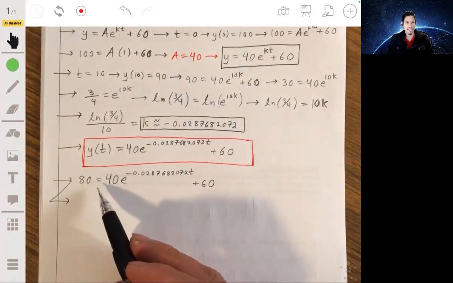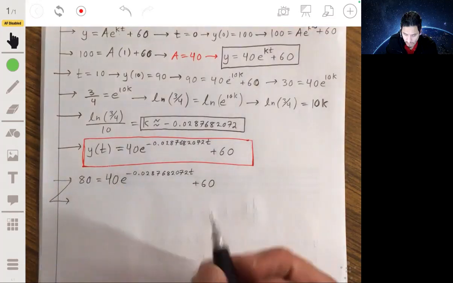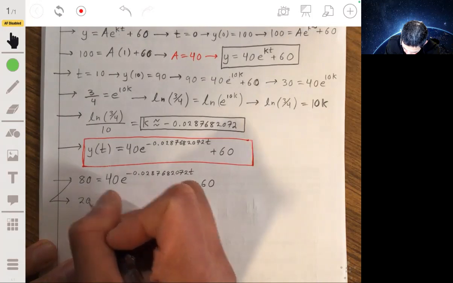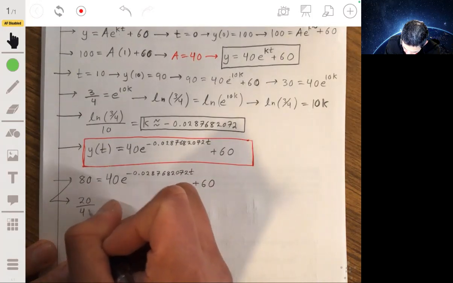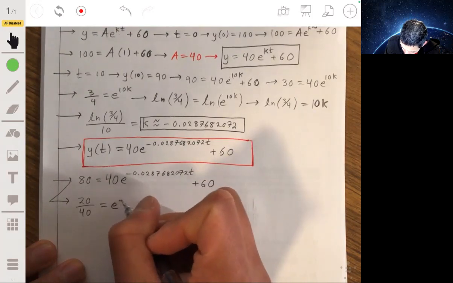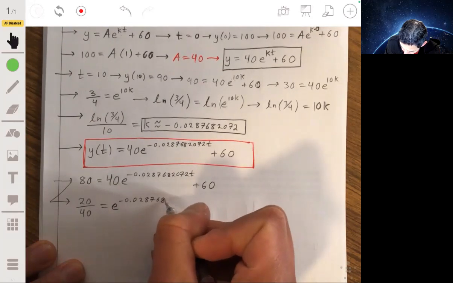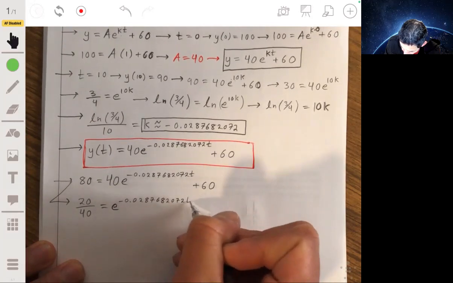I'm going to take away 60, 20, then 20 divided by 40, I'll get 1/2. 1/2 will be equal to e to the negative 0.0287682072t.